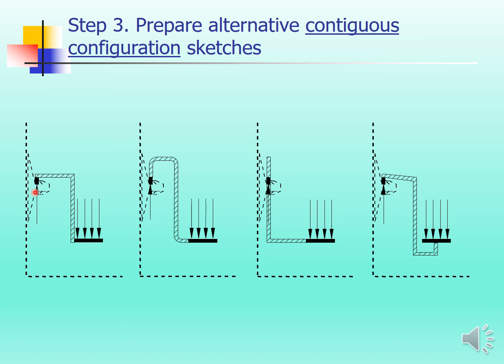This part component holds here, and this sponge here, in a U shape with a radius. This one uses an L shape, the straight one with some angle here, and a U shape.